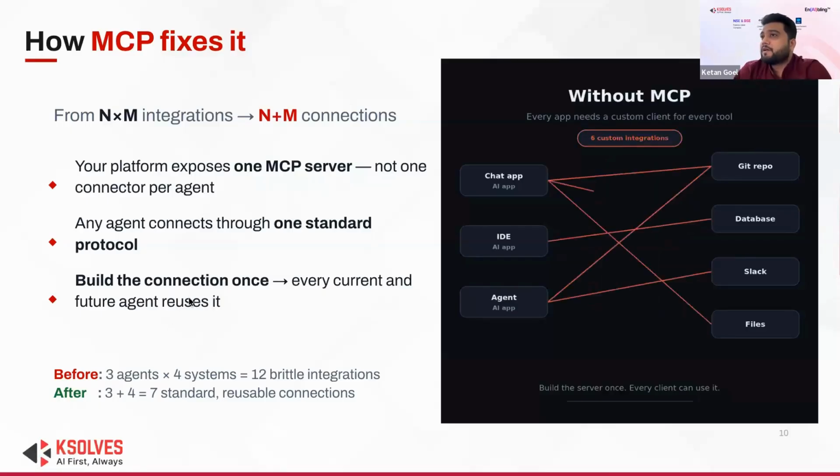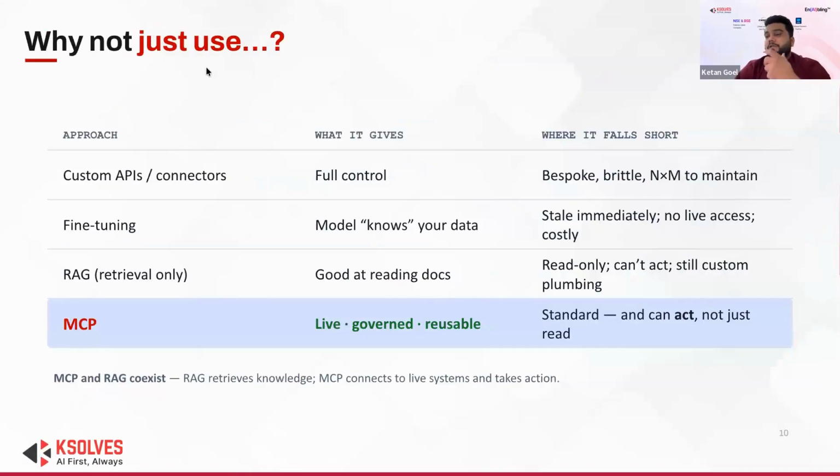Okay, moving forward. Maybe some of you are thinking that if we already have custom APIs, we can use those as well to connect with the platforms. But think of it like the number of actions you want to perform, the same number of APIs you will be needing, the same number of connections you will be needing. So this is again n cross m maintenance.